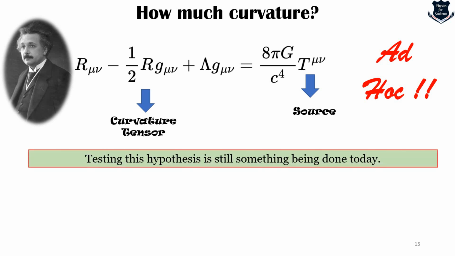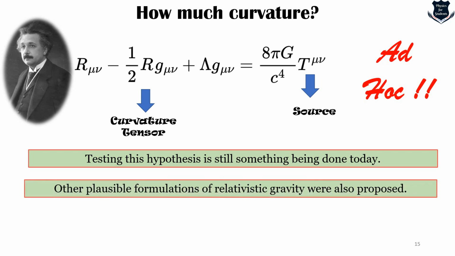Now it is worth bearing in mind that the ultimate arbiter of what description should be is measurement. We should therefore regard Einstein's field equation and its predictions as a hypothesis to be tested. Testing this hypothesis is still being done today, and it motivates a lot of fundamental research in physics.